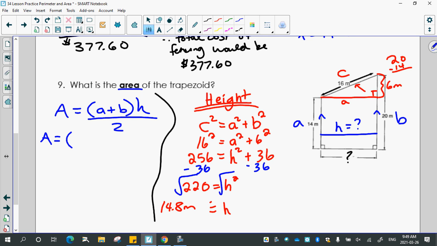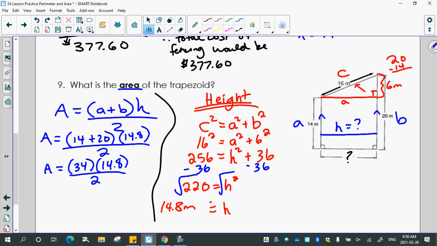So now that I know that, I can use this formula for the area of a trapezoid. I can put 14 in for one of the two parallel sides, A, plus 20 for the other one, times the height, which is 14.8, divided by 2. And then I would add the 14 and 20 next, so that's 34 times 14.8 divided by 2. Remember, it's approximate because I rounded the height.